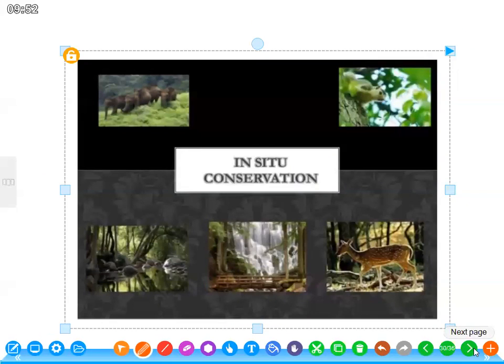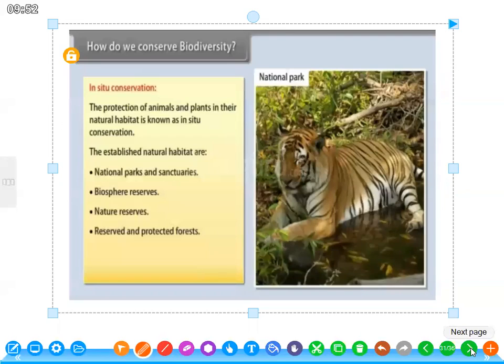Next, we are going to see about in situ conservation. How do we conserve biodiversity? In situ conservation is the protection of animals and plants in their natural habitat.